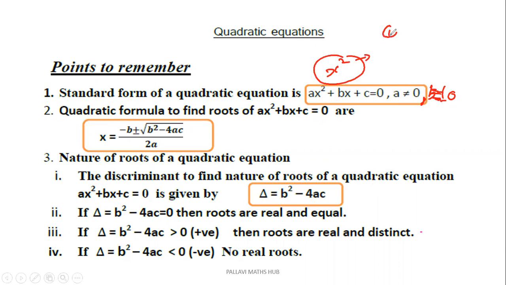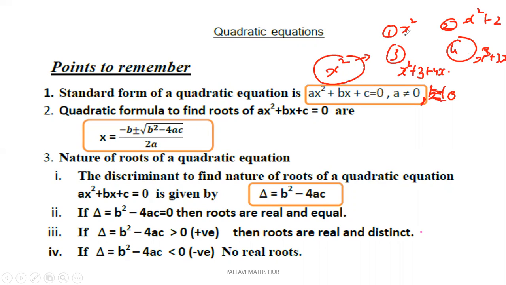Even in a multiple choice question, they will give 4 options, like x square plus 2, and the third option x square plus 3 plus 4x, and the fourth option x cube plus 3x. Which equation is not a quadratic equation?